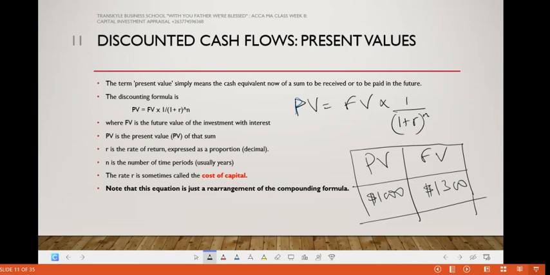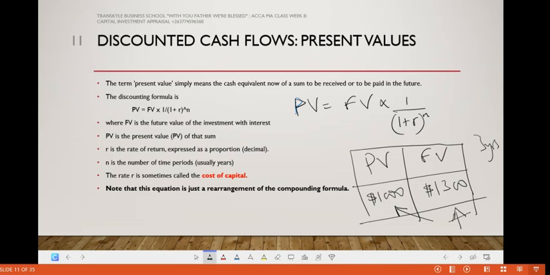So what it simply means is that the 1,300 here, which you are going to receive after, let's say, 3 years, has got a present value of 1,000. Or the 1,000 you have today is going to give you 1,300 tomorrow if you invest in this particular project.